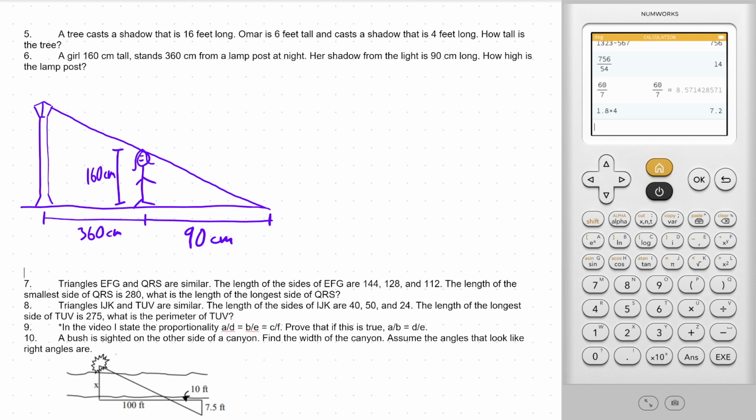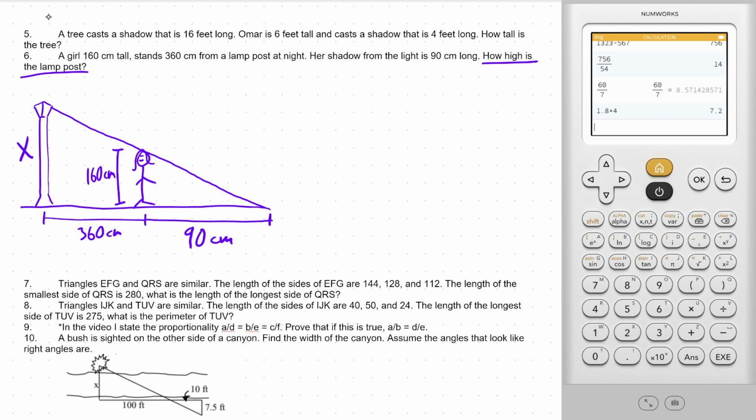When you draw a diagram, sometimes you can't visualize exactly what the proportions are going to be like, so not at all to scale. But that's fine, we have enough information. Now the question here is, how high is the lamppost? So we'll go ahead and put an X by the lamppost to indicate that's the height we're trying to solve for.